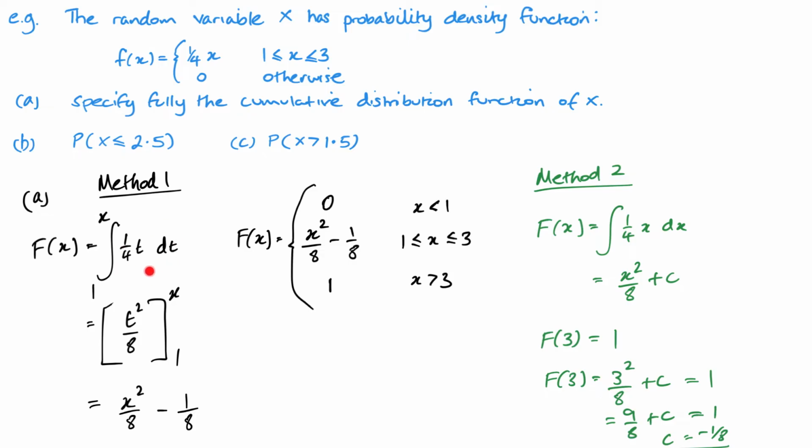If you're happy remembering these t's, go with method 1. I would say method 1 is my favourite and is the one I'll predominantly use when we look at the examples of the answers to the questions at the end. I think I'll probably do maybe one of them with both methods, or one with one method, one with another, but most of the questions I will do with method 1.